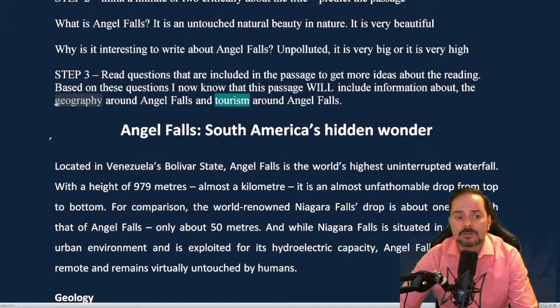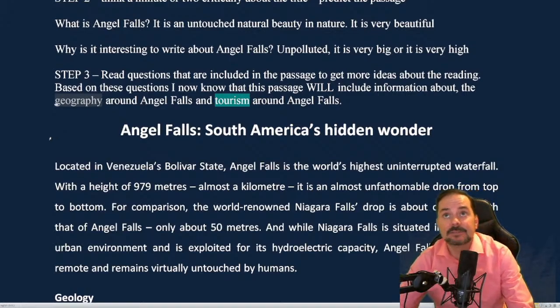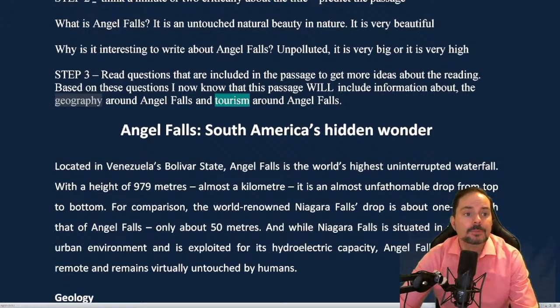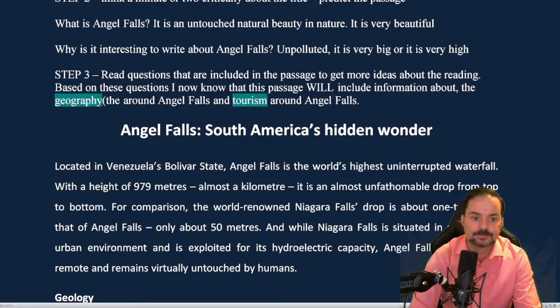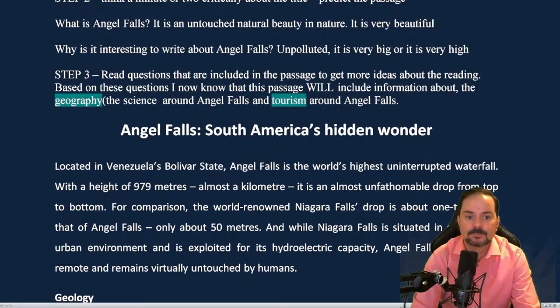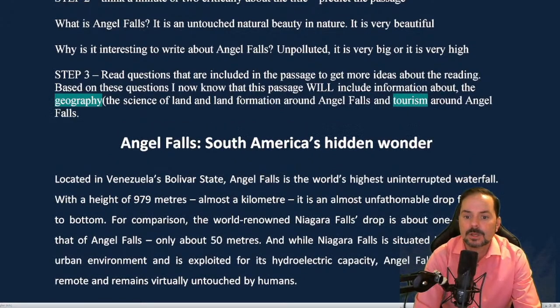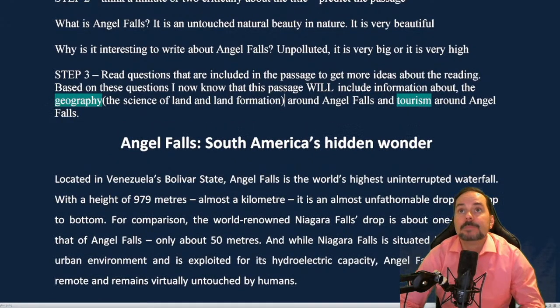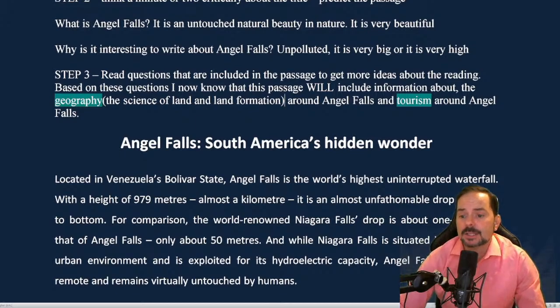Geography is studying land features, so learn new words. It's the science of land and land formation. Sammy says the importance and the origin.